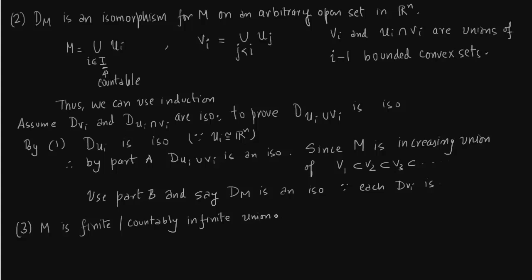You just repeat the argument above and replace bounded convex with open set in Rn. That is pretty much it. Again, the proof is by induction. You want to prove that it is true for any arbitrary open set, and you use induction to do so. That is pretty much it.